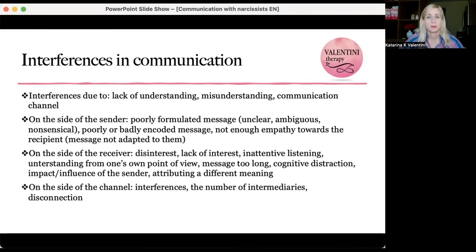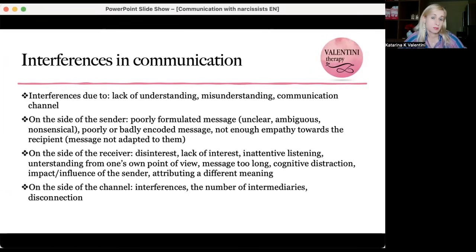So if you have something to discuss with your narcissist, discuss the issue face-to-face, just you two, without any additional people being involved in communication. Because as soon as the number of intermediaries increases, the possibility of message distortion or delusion increases as well.